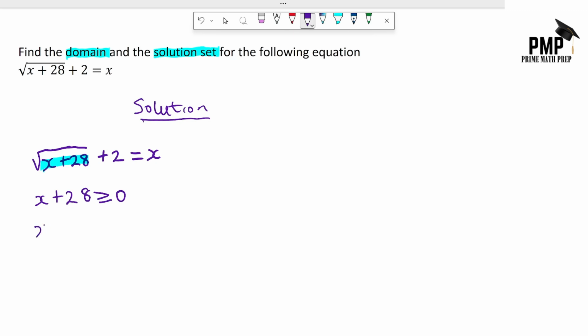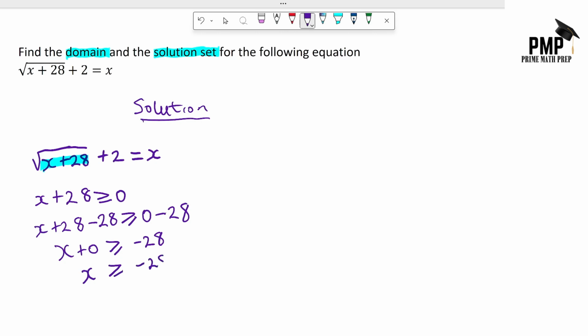Solving this, we will subtract 28 from both sides of the inequality. x is greater or equal to 0 minus 28, which is negative 28. Therefore, our x should be greater or equal to negative 28.